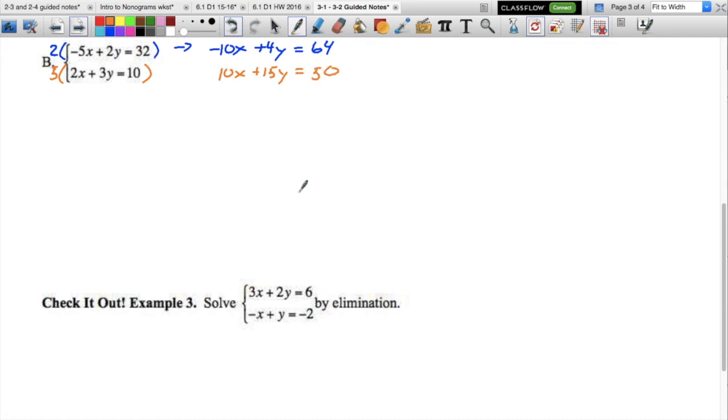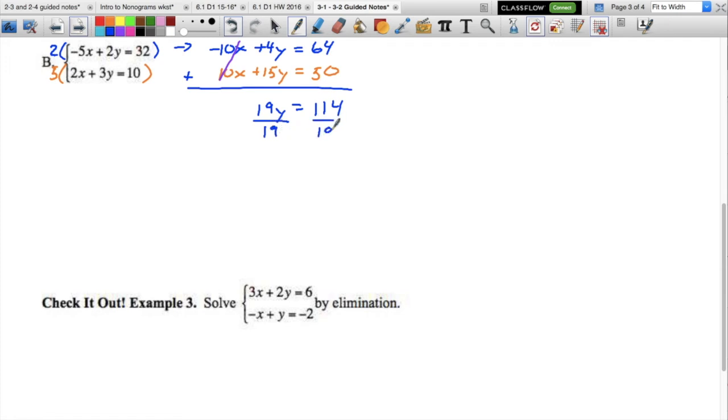And now notice that both of the x's have the same number but opposite signs, and they can cancel. So what I do is I add these together. These are going to go away. You might even choose to use purple to cancel. And we're going to have 19y equals 114.